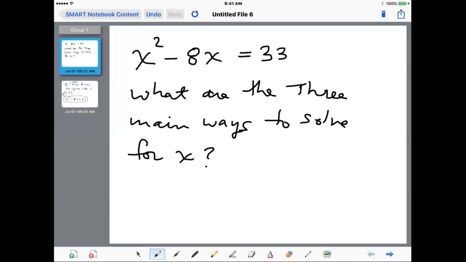How do you derive the quadratic formula? Okay, I'll refresh your memory. What do the words completing the square mean to you?